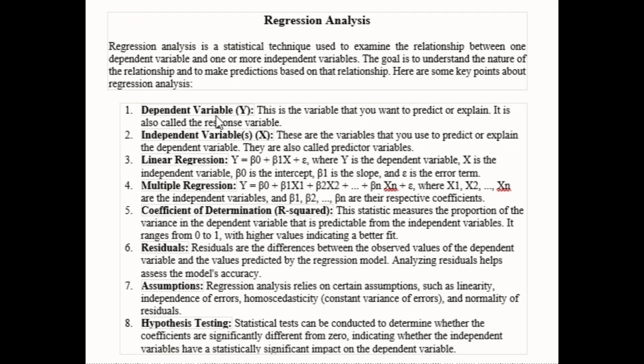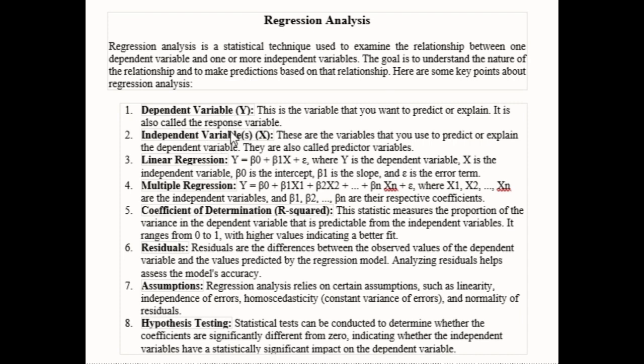A dependent variable is the variable that is predicted by the equation y. Second is independent variables. Independent variables are the variables that cause or help us in predicting the dependent variable.